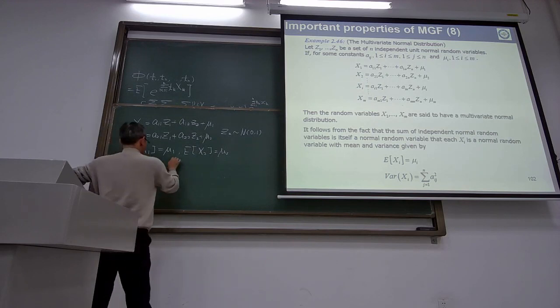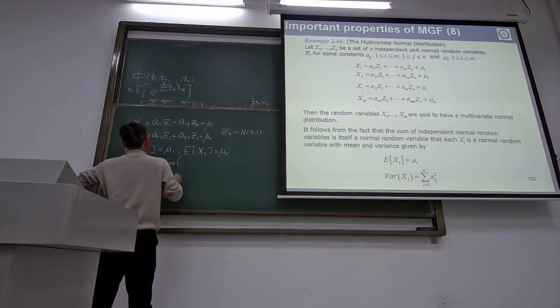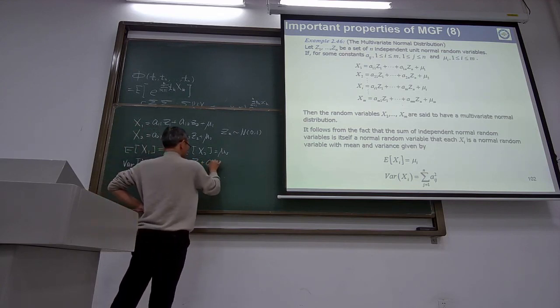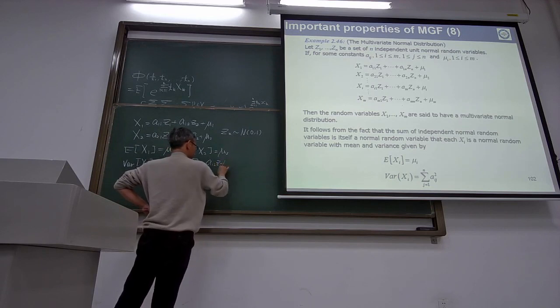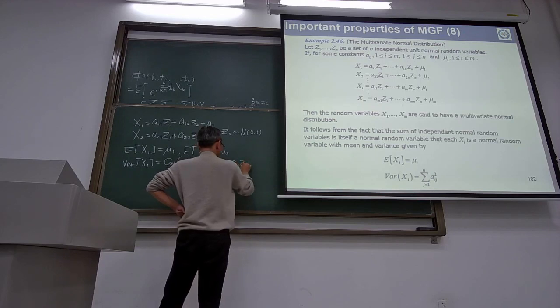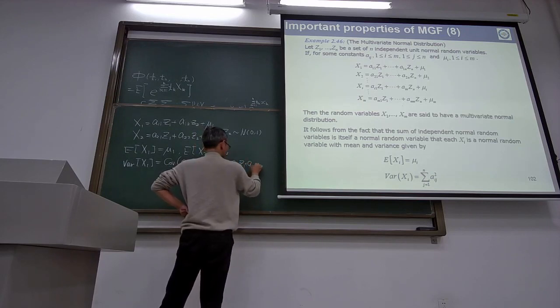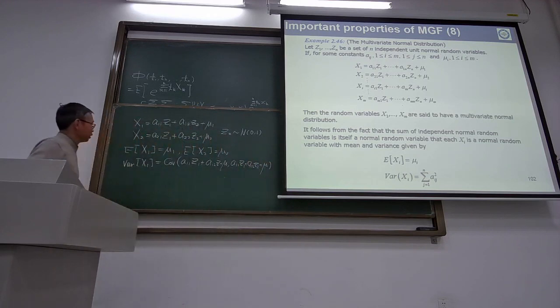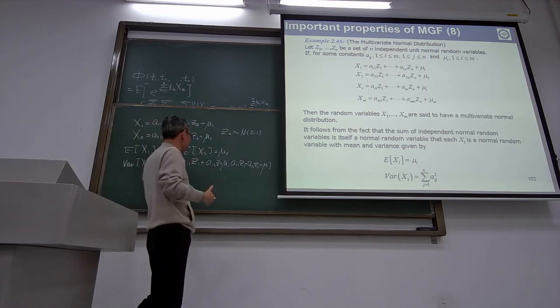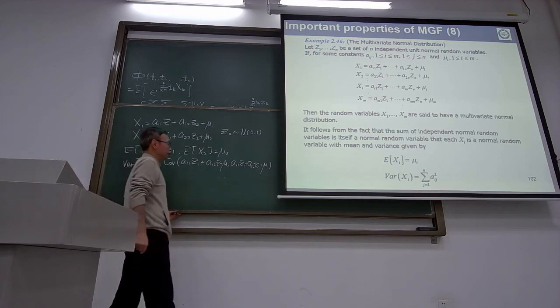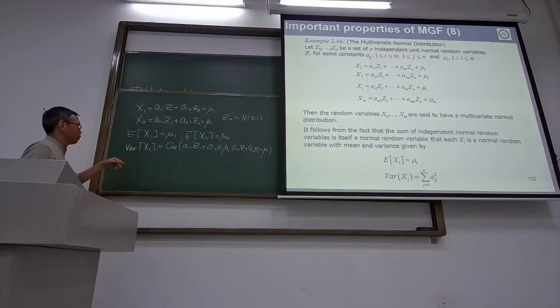The variance can be obtained this way: the variance of A11 Z1 plus A12 Z2 plus mu1. Of course, we can explain this using the definition, but this way is very easy. The linear property of covariance.